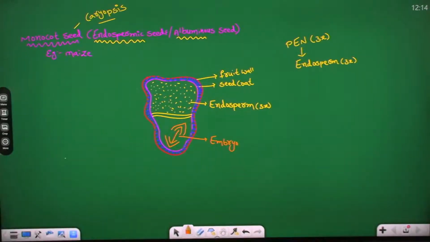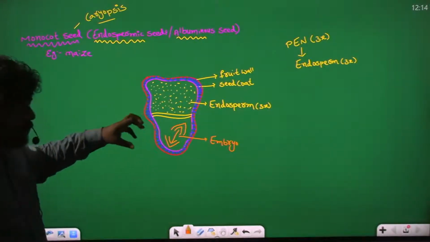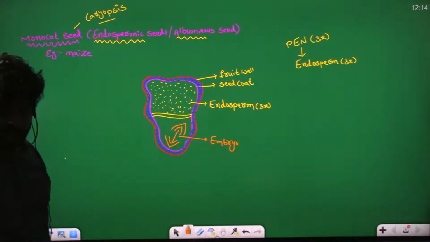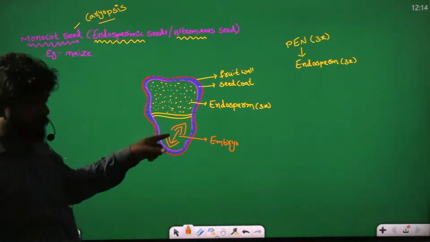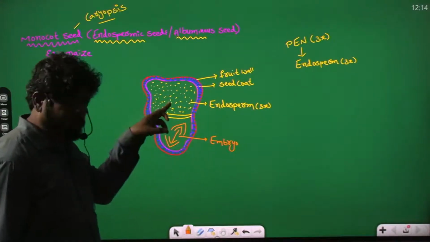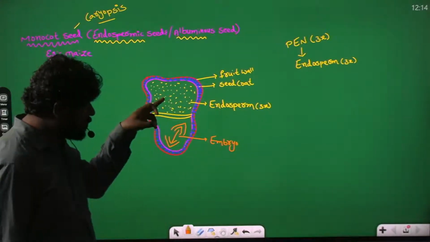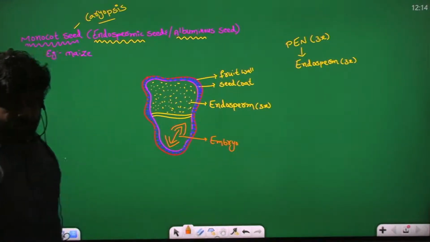In the monocot seed, the embryo is pushed towards one end. It is not present in the center. The embryo is pushed towards one end because of the endosperm. This endosperm pushes the embryo towards one end.